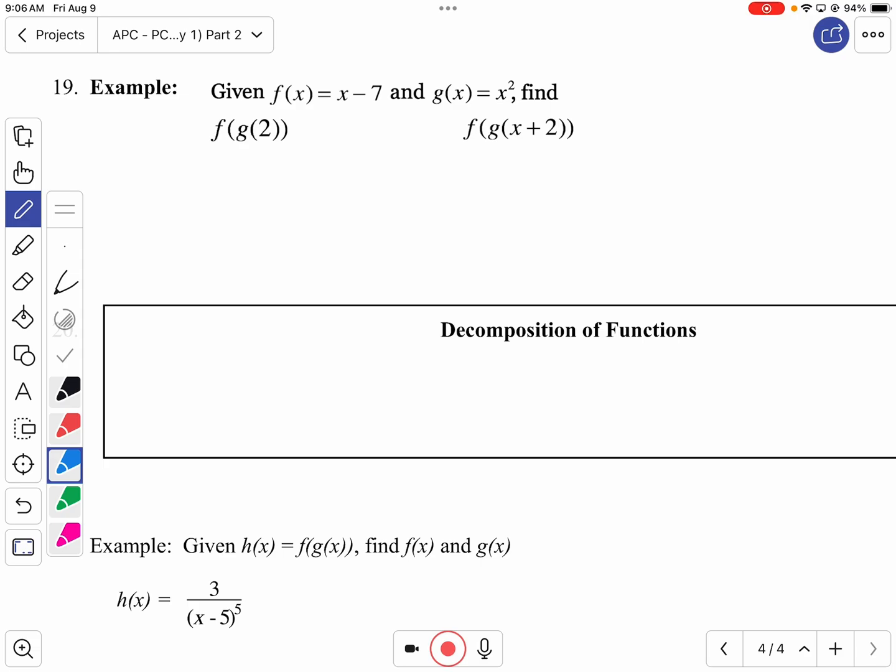Oh wait, no, I messed this up. I see my mistakes. Yeah, I think I messed it up too.